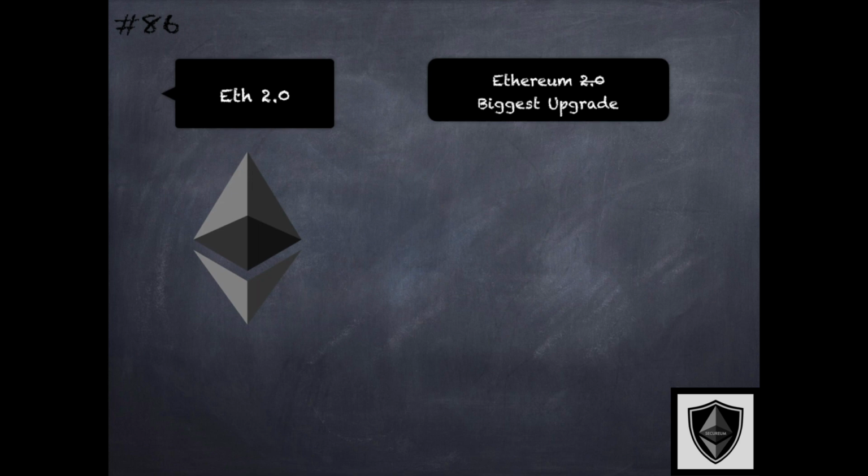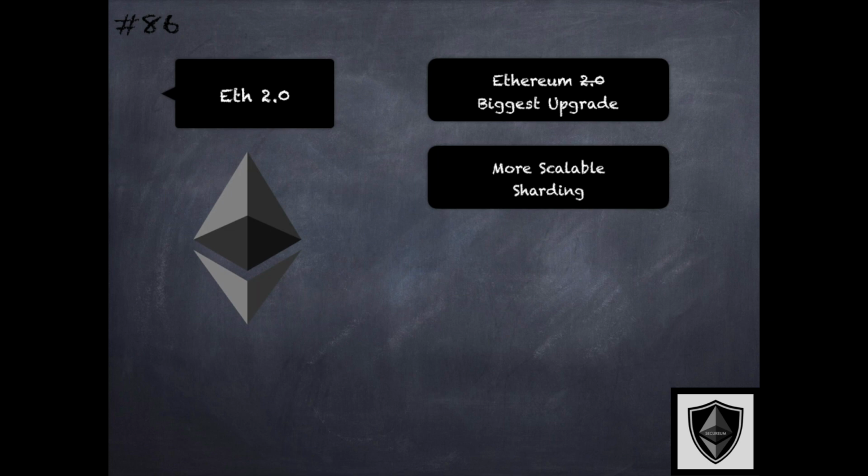The 2.0 really sets aside or signifies the fact that this has some of the biggest upgrades, and those upgrades are really across three vectors: scalability, security, and sustainability. So these upgrades to Ethereum 2.0 are going to make it much more scalable than the protocol that we have been using so far.